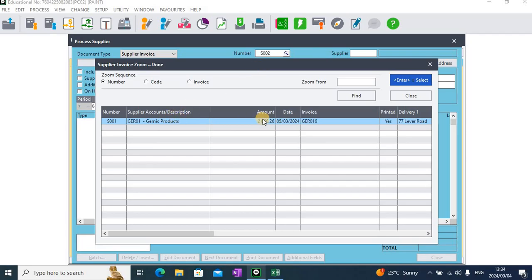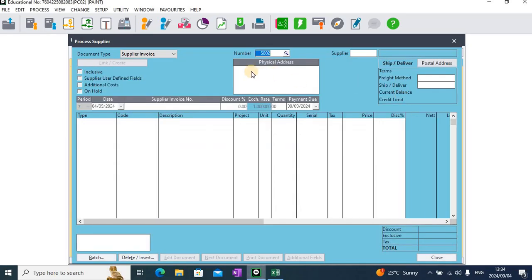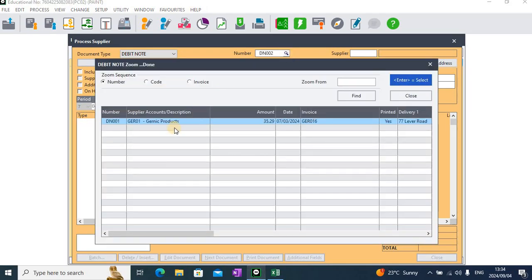There's Jernick products, and I can see that the amount is 2,666.26. I'm going to check at the same time if there's a debit note for Jernick. Yes, there is a debit note, 35.29.